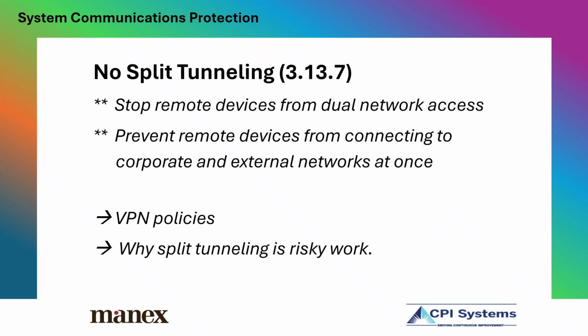Malone disables split tunneling as stated in this System Communication Protection policy so that Sam's machine can only access company resources, not accessing the internet while connected. If Sam's remote device connects to both corporate VPN and public internet, malware could jump between. Malone's team ensures VPN is exclusive for CUI work only.